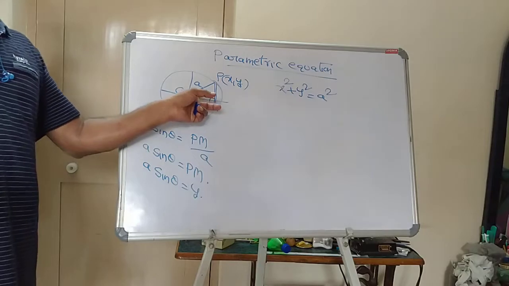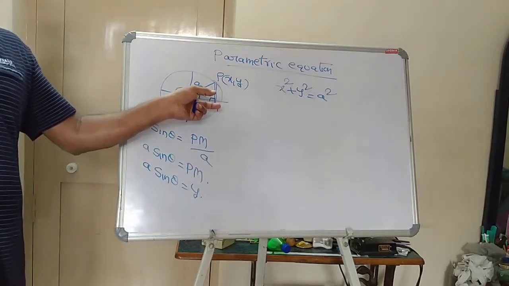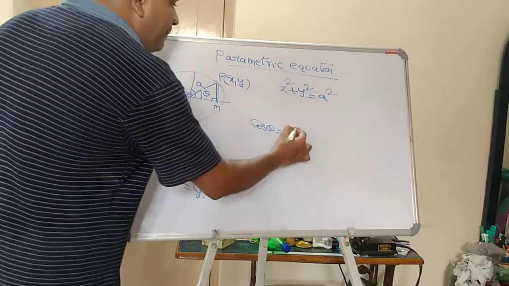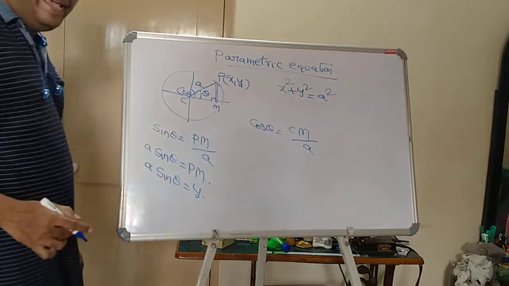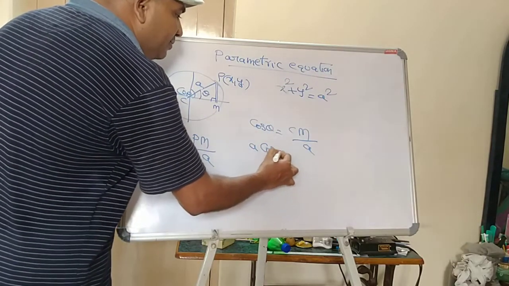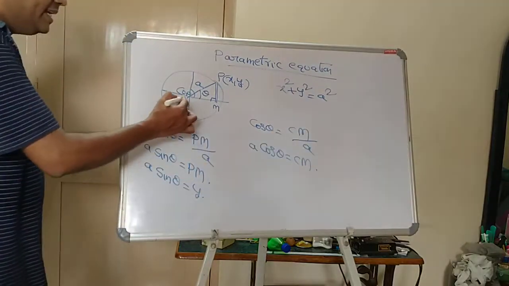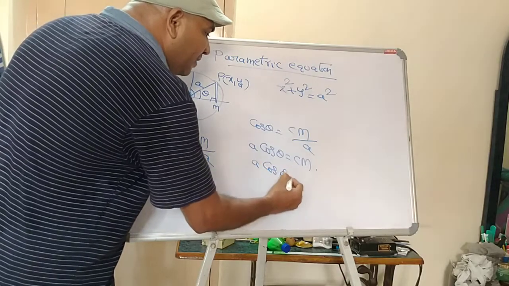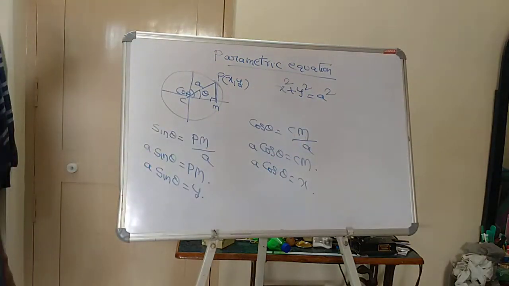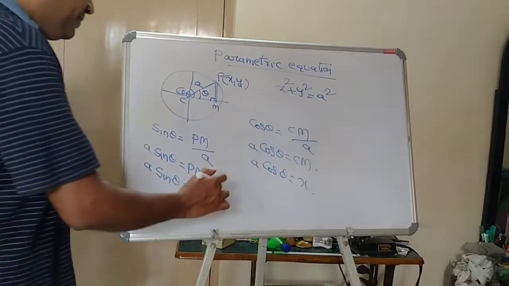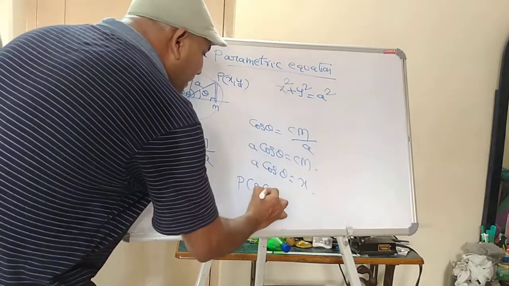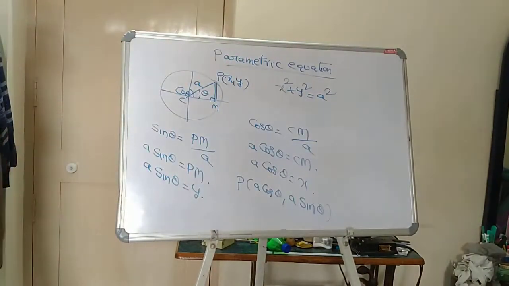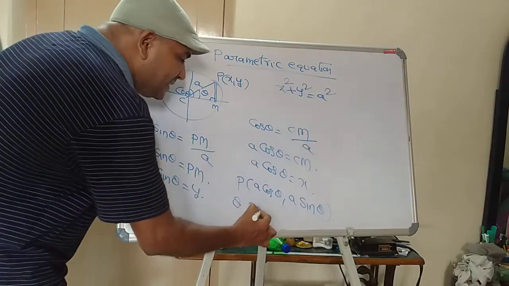Next, apply cos theta in this triangle. Cos theta equals CM by a. That means a cos theta equals CM. But CM equals x. So a cos theta equals x. That means the coordinates of the point P are (a cos theta, a sin theta), where theta is the parameter.